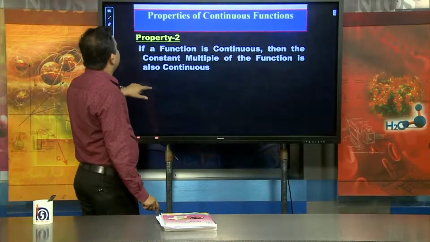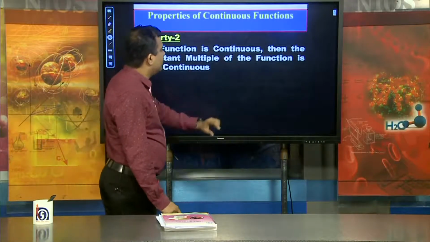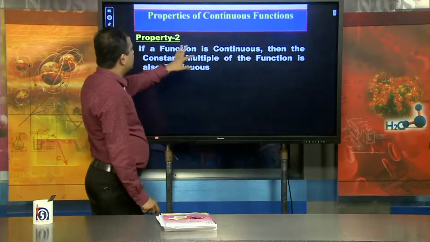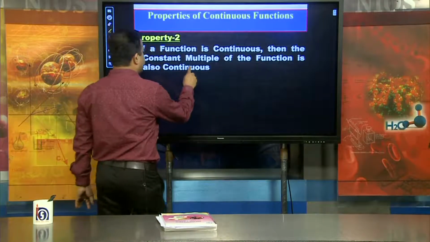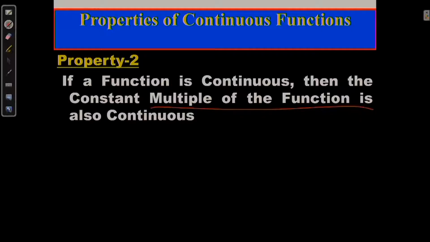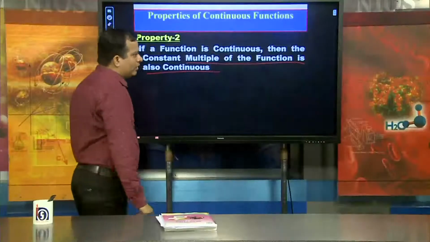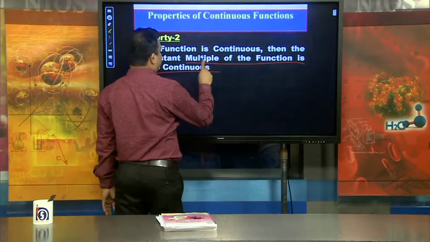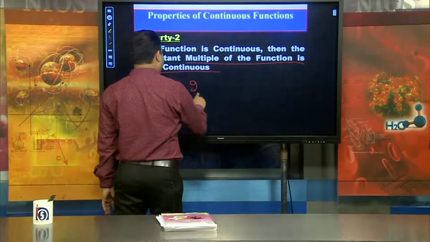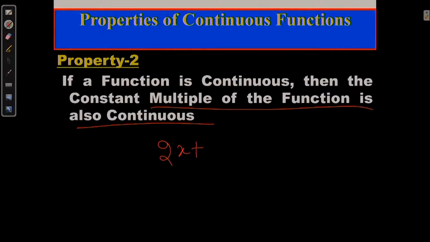Suppose a function is continuous, then the constant multiple of a function is also continuous. That means suppose 2x plus 3 is the function.